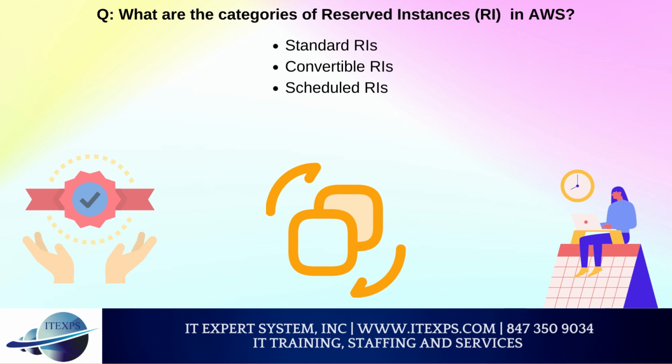Convertible RIs are also suitable for steady-state applications. They have discounts of up to 54% on on-demand instances. Scheduled RIs. These RIs allow you to match your capacity reservation to a recurring, predictable schedule that only takes a fraction of a day, week, or month to complete. Scheduled RIs can be activated at any time within the user's allocated time frame.